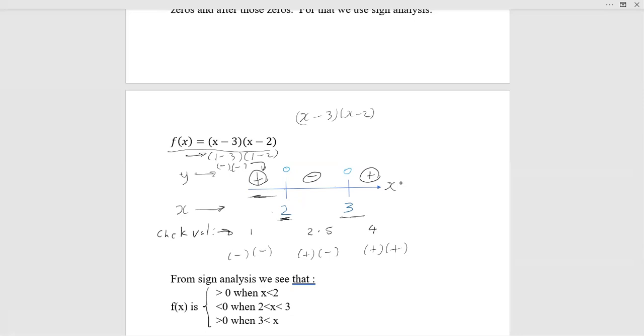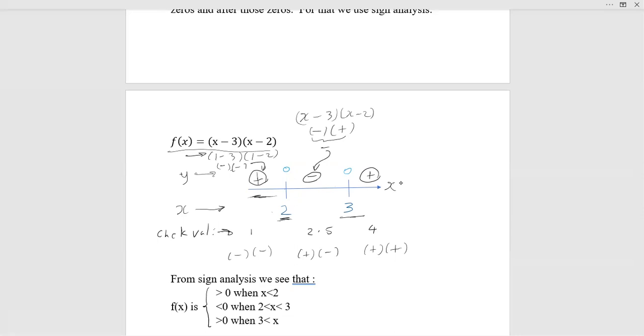Now we substitute 2.5. When it is 2.5, it is less than 3. Therefore, the first parenthesis is negative. In the second parenthesis, x is 2.5 minus 2, it is positive. Positive and negative gives us negative. That is what I put here, right?